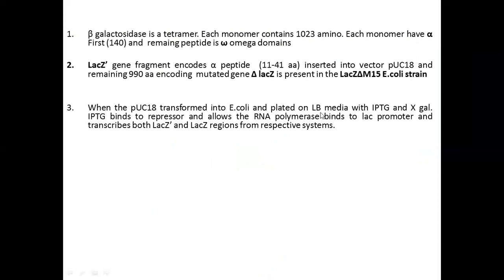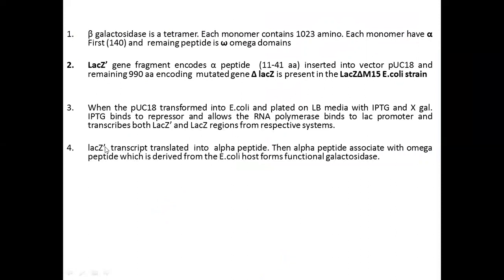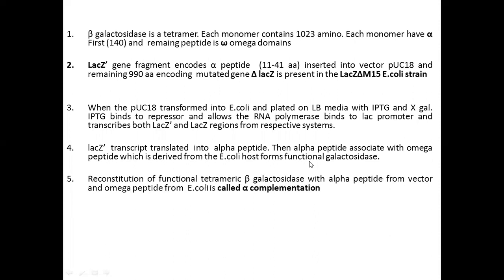and plated on LB media with IPTG and X-gal, IPTG binds to the repressor, allows the RNA polymerase to bind to the lac promoter and transcribes both lacZ prime and lacZ regions from the respective system. The lacZ prime transcript is translated into the alpha peptide, then the alpha peptide associates with the omega peptide, which is derived from the E. coli host, and forms a functional beta galactosidase.